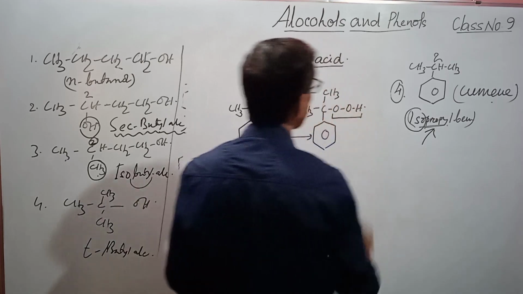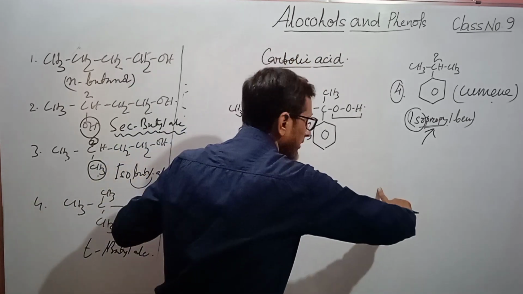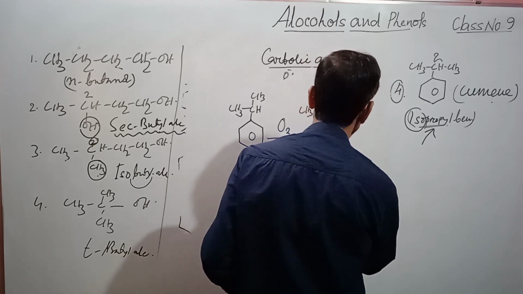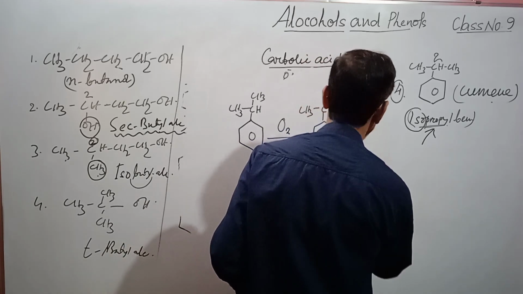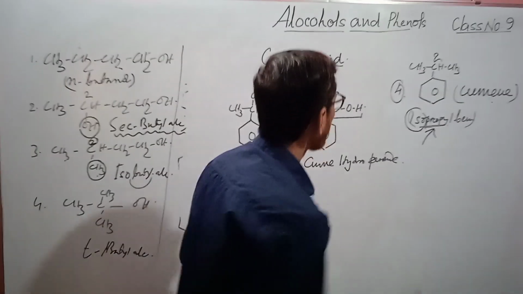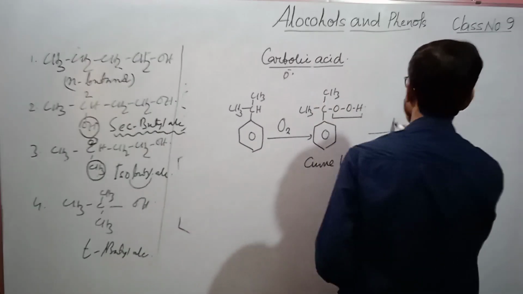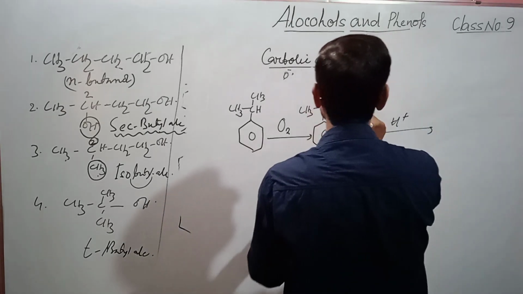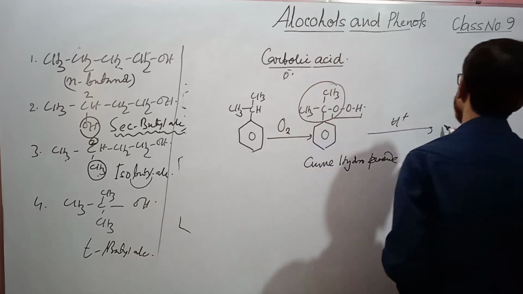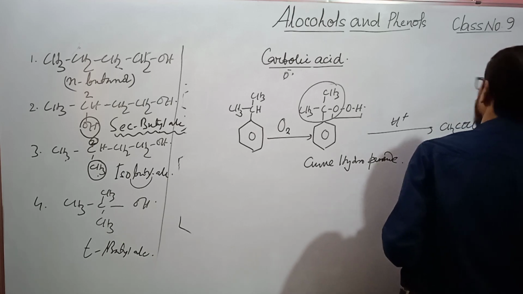In the previous class I told you this is a hydroperoxide, and if OO is in the main chain, it is a peroxide. So it is cumene hydroperoxide. That cumene hydroperoxide breaks in the presence of acid to give you CH3COCH3 and phenol.